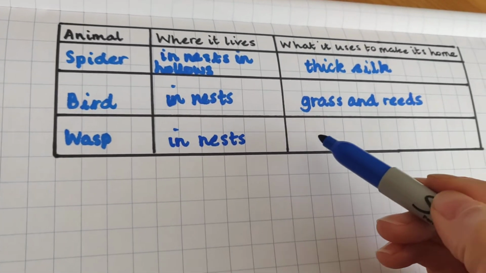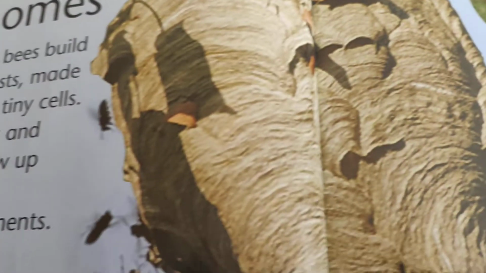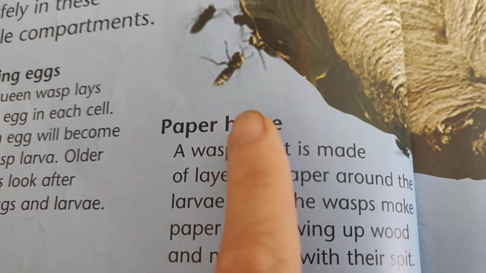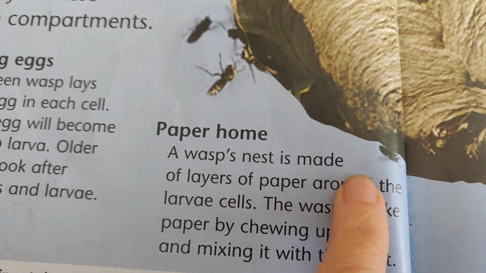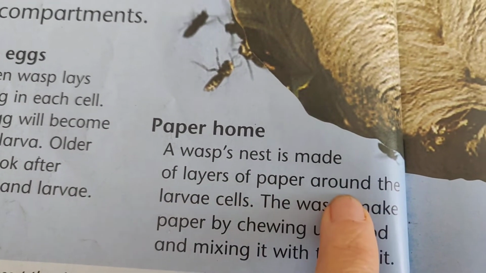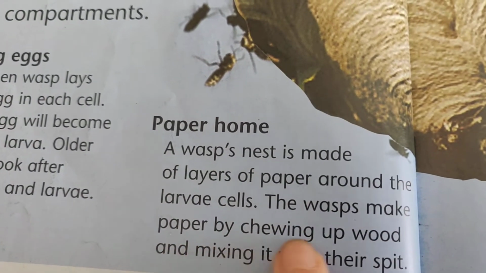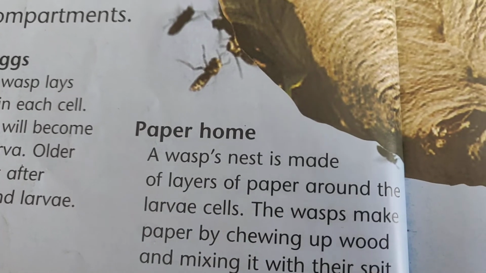So let's see what a wasp uses to make its home. Here we go. A wasp's nest is made of layers of paper around the larva cells. The wasps make paper by chewing up wood and mixing it with their spit.